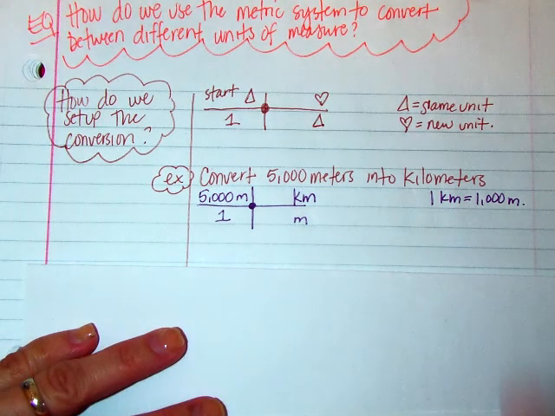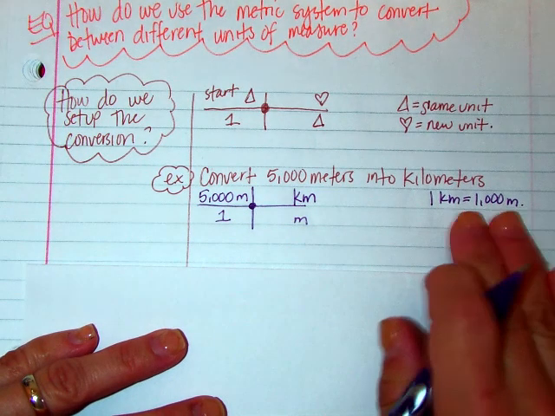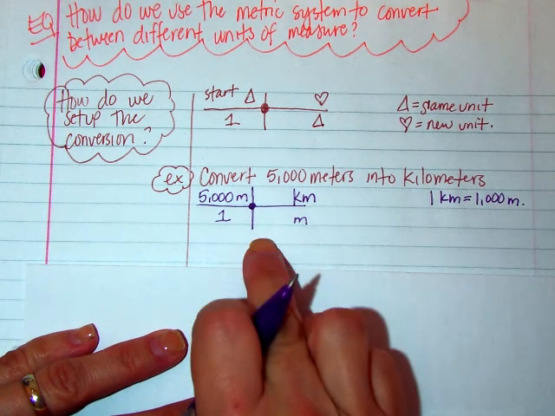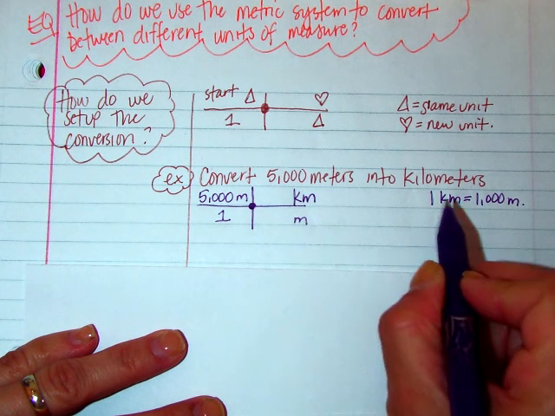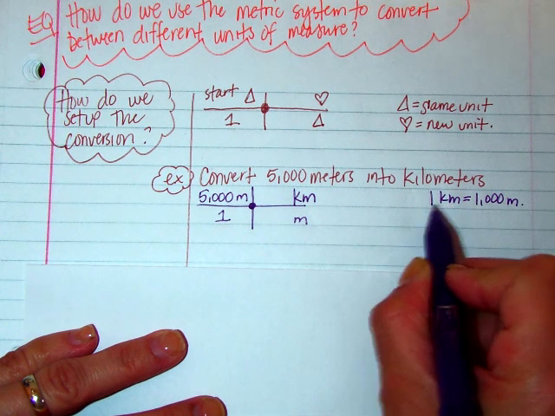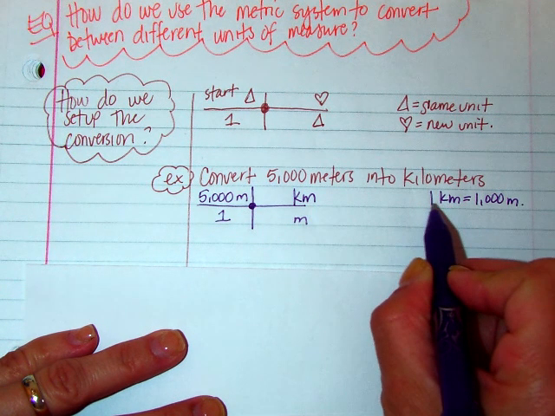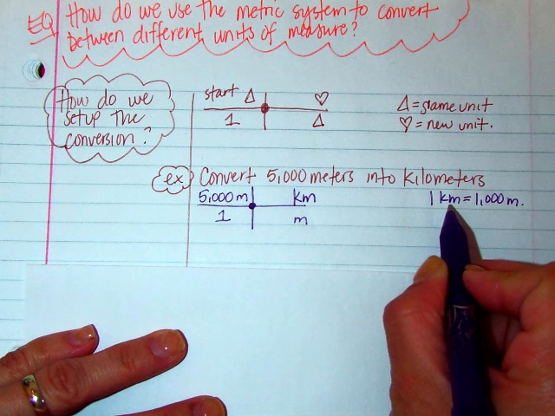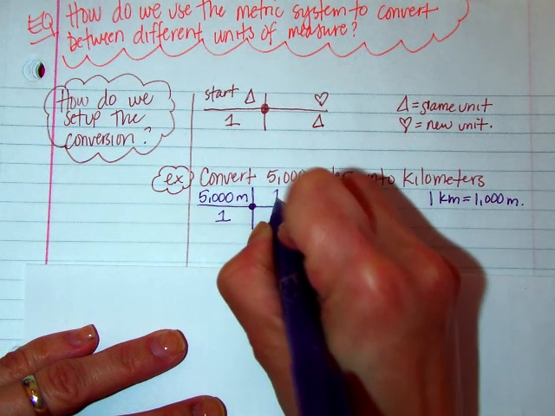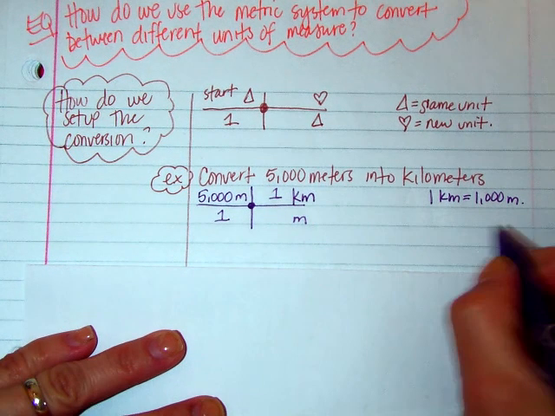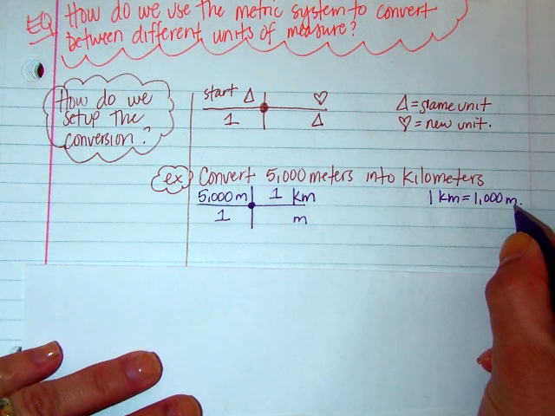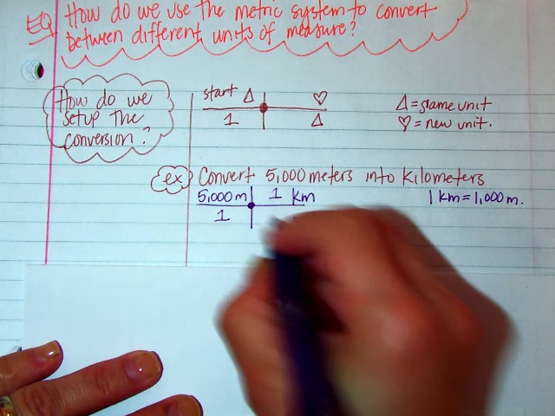Now that we have this information, I can put this information into this fraction. So make sure that you're writing the correct numbers with the correct labels. So the number 1 has to go with kilometers. That means that I'm going to write the number 1 here on the top. And the 1,000 meters goes with M, so I need to write the 1,000 on the bottom.